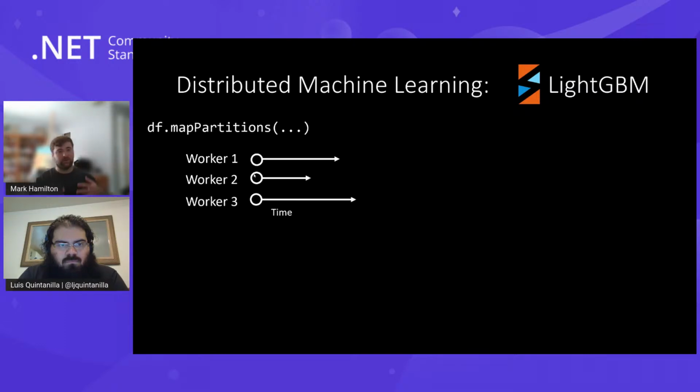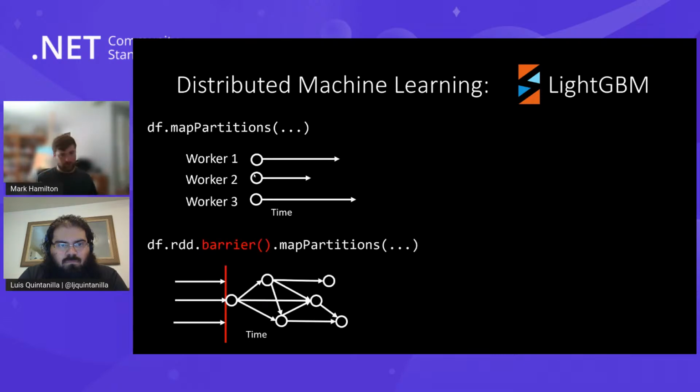It often requires talking and all reducing these fit models in order to get a good model that's trained on a variety of different data from all the different partitions. So to do this, we actually use this new Spark barrier execution mode, which turns over control of the Spark cluster to you. And now you can orchestrate the distributed job.